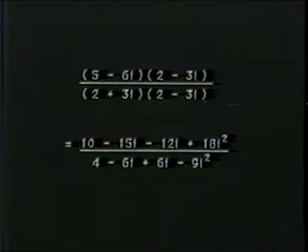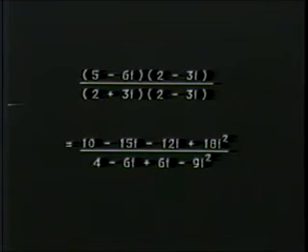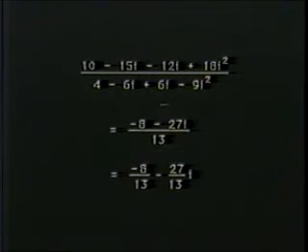We finish the problem by using FOIL to multiply out both numerator and denominator. And once again, we have that i squared term at the end. So we turn i squared into a negative 1, multiply it out, and then gather like terms.